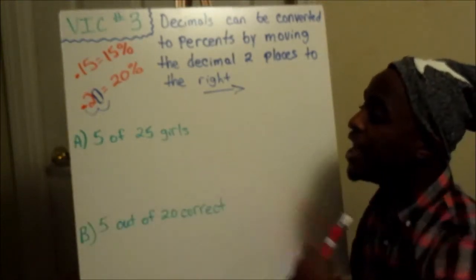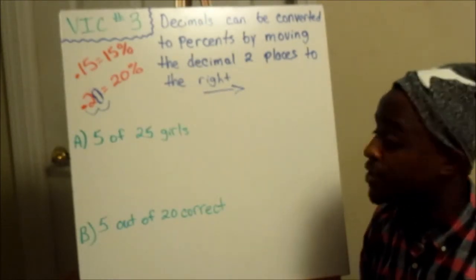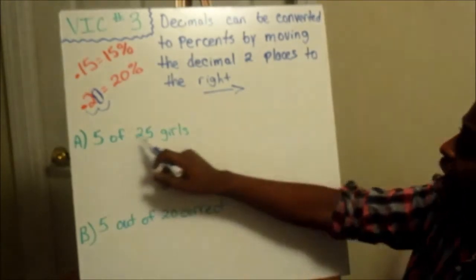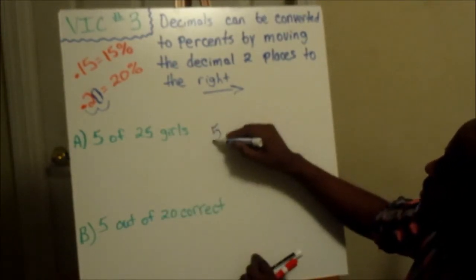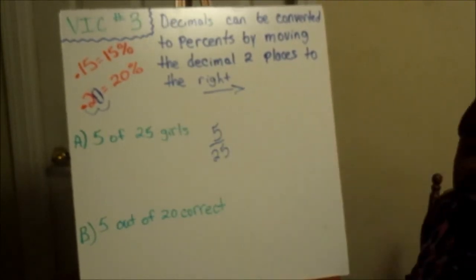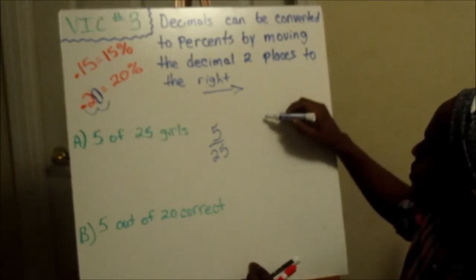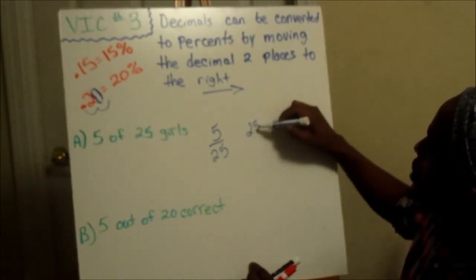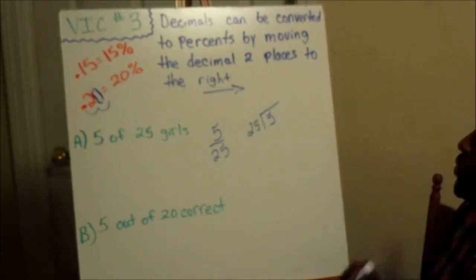So that is very useful when we're trying to convert a quantity into a percent, because here I have 5 out of 25. So if I were to convert this ratio, which is 5 out of 25, into a decimal, that would be 5 divided by 25.